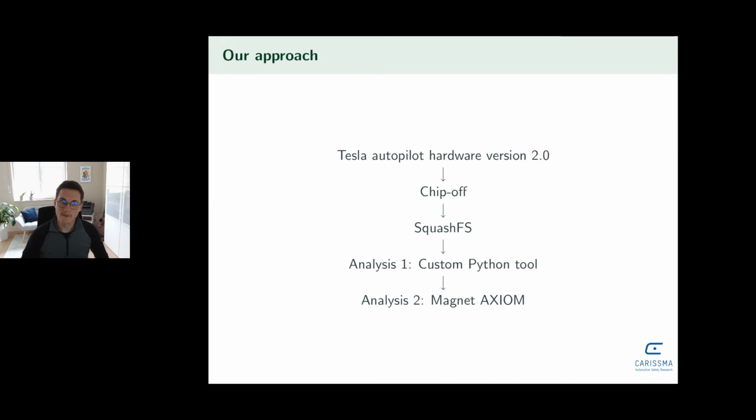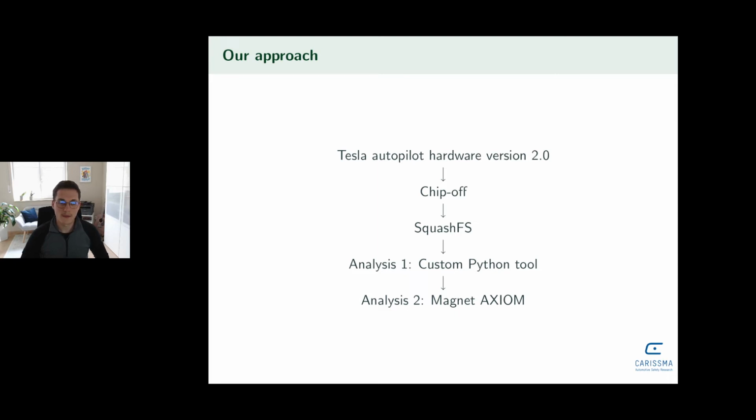Currently, there is hardware version 3 on the market for all the new vehicles. Sadly, we were not able to look at hardware version 3 due to availability, but also usually hardware version 3 is encrypted, so you need a decryption key or an exploit in order to read it. We are pretty lucky because the hardware version 2 we collected was not encrypted, so we were able to analyze it.